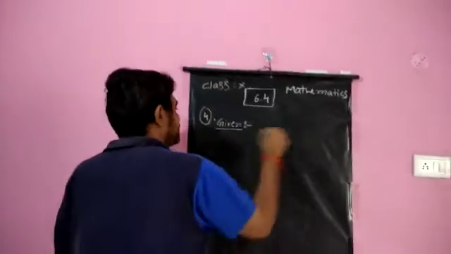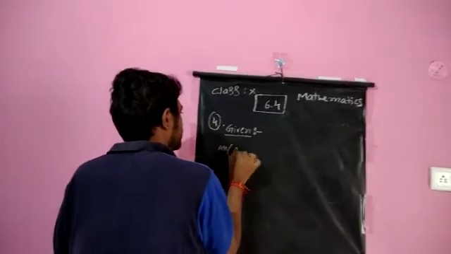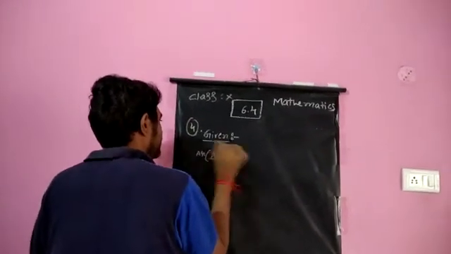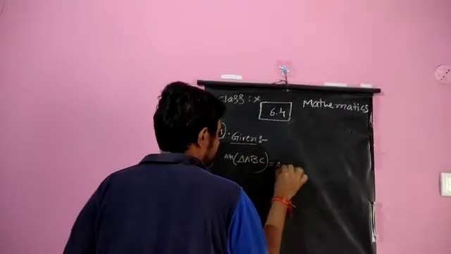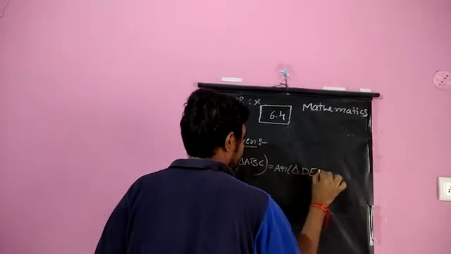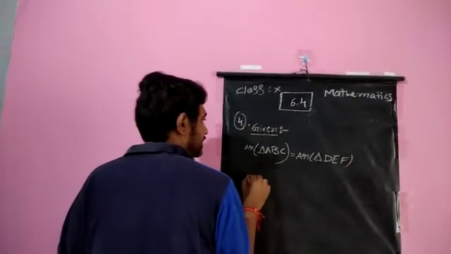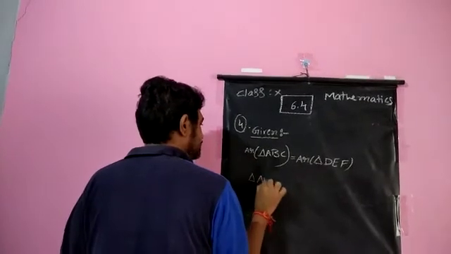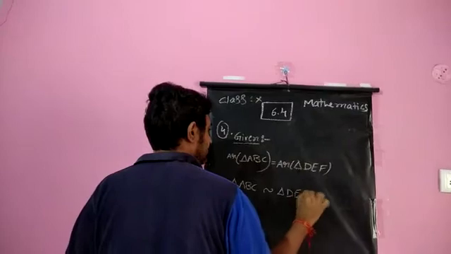Here I take the two triangles. One of the triangles I am taking as ABC. Area of triangle ABC is equal to area of triangle DEF. And what is given to us in the question is that triangle ABC is similar to triangle DEF.